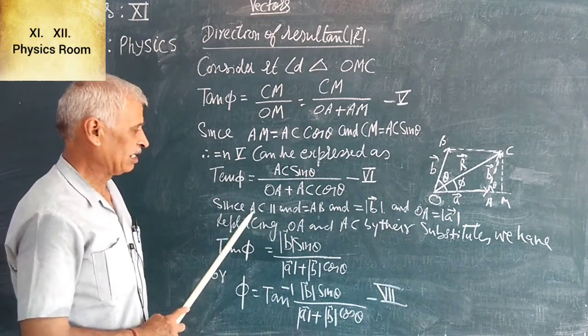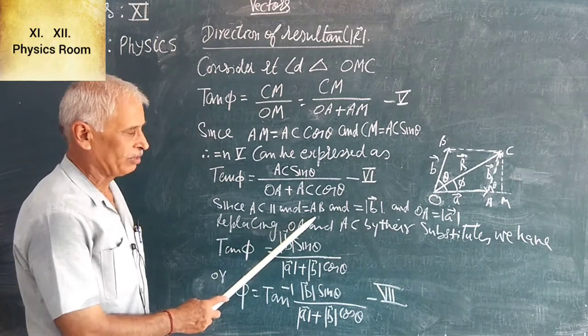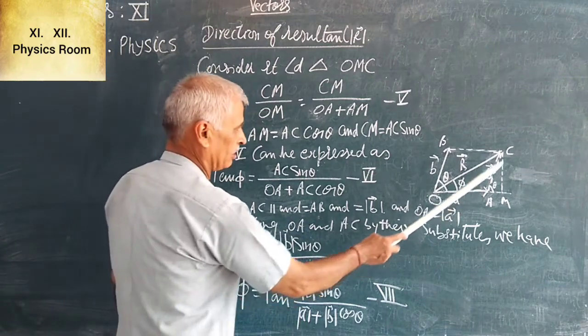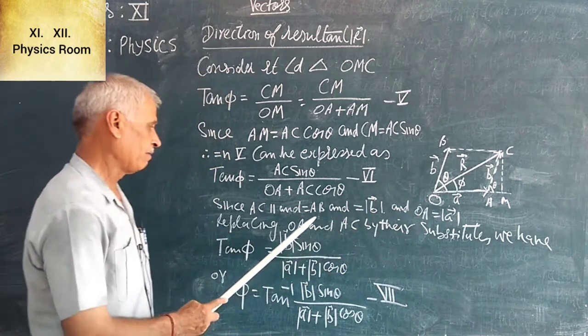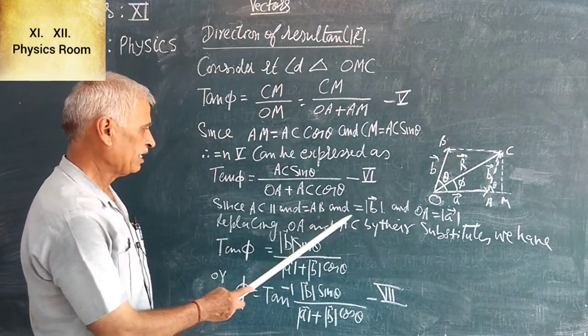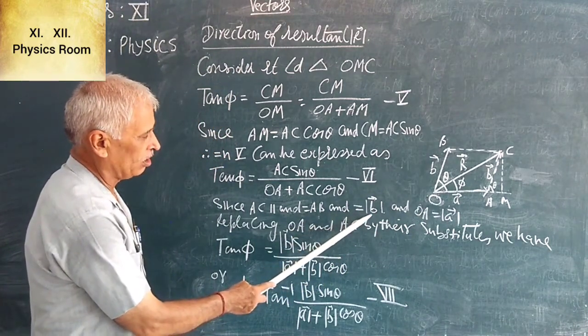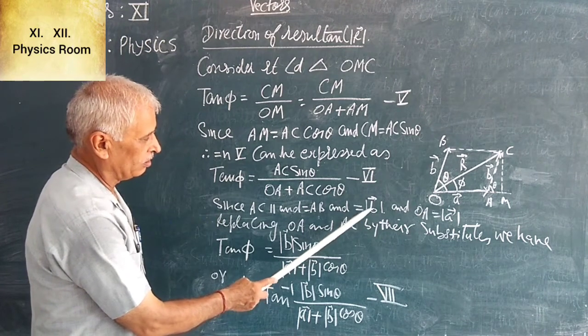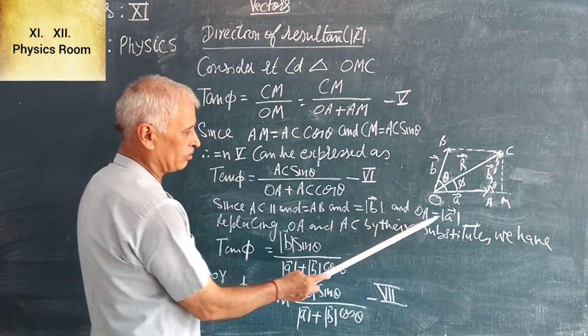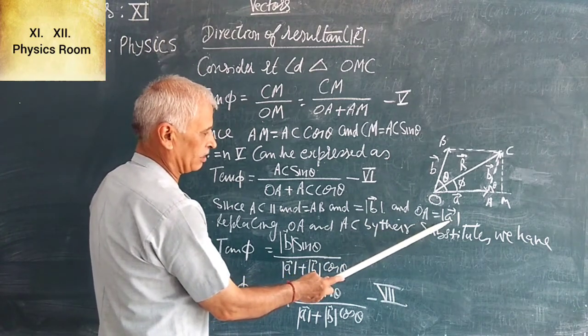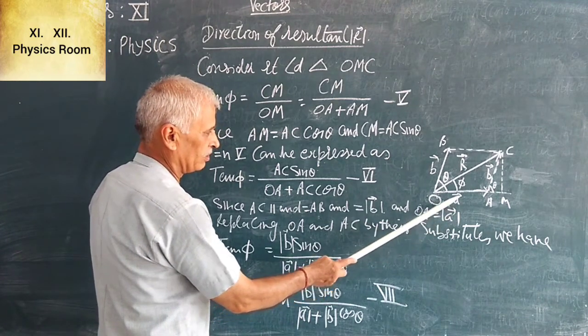Now since AC is parallel and equal to AB, it is equal to mod of vector small b, and OA is equal to mod of vector small a.